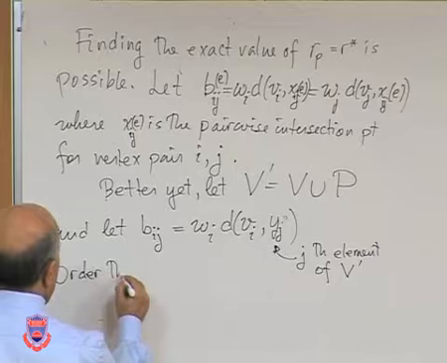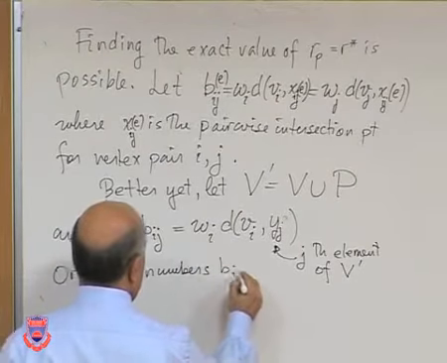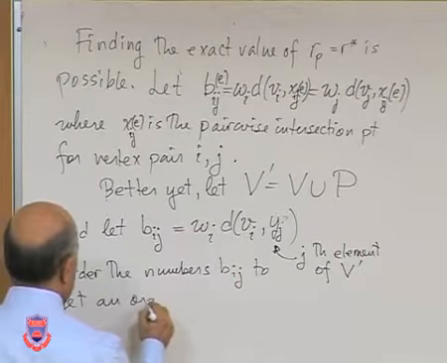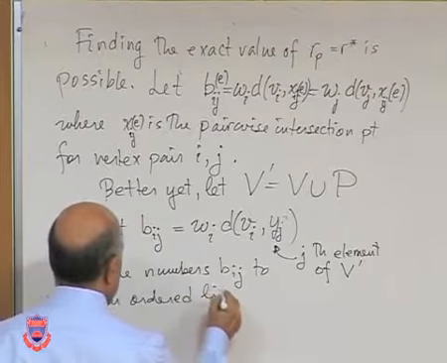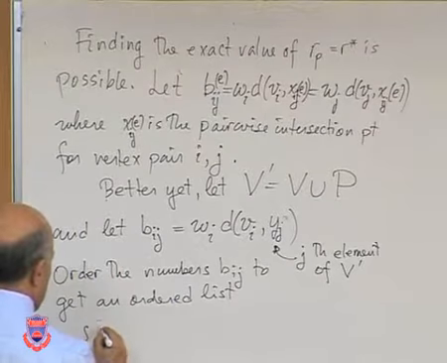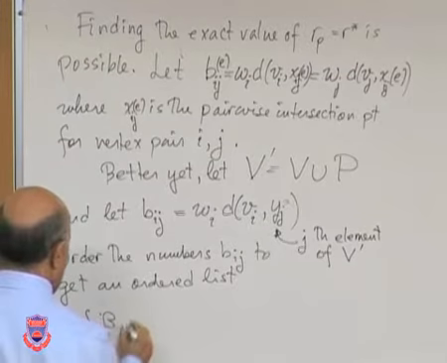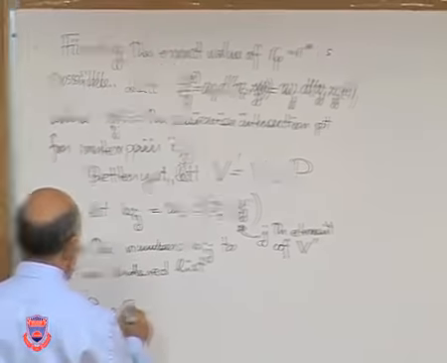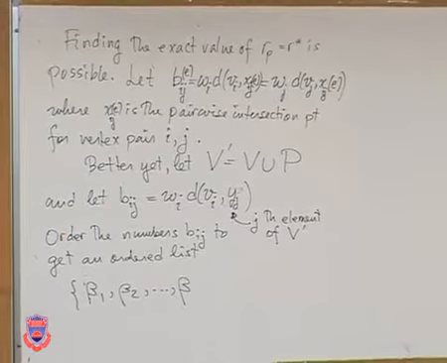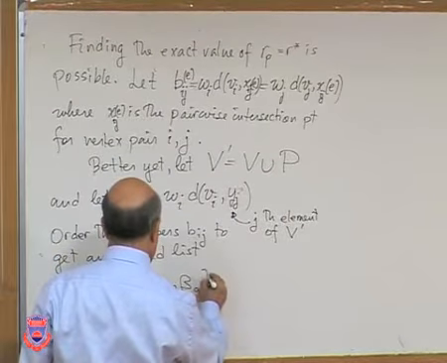Order the numbers Bij to get an ordered list consisting of, say, beta 1, beta 2, and so on and so forth, up to beta Q. Okay?